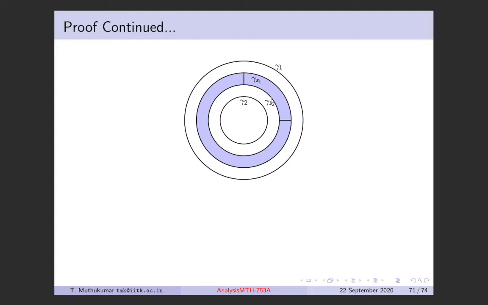Now you can write, so integral over gamma s1 and minus integral over gamma s2 can be written as sum of integral over this closed contour, this loop. You see this loop, you start from this point, come down, go in this direction here up to this point, go up, go in this direction here.